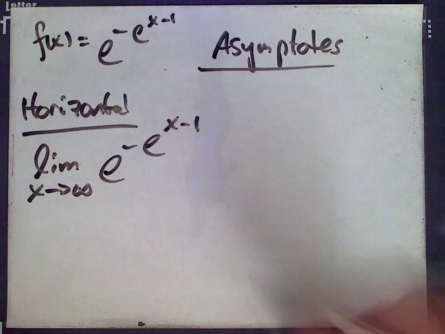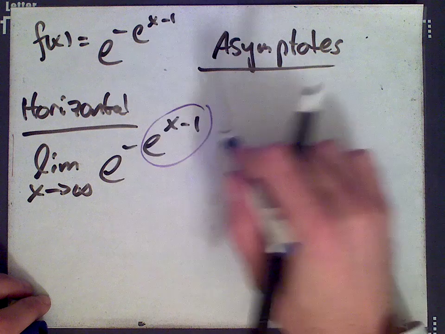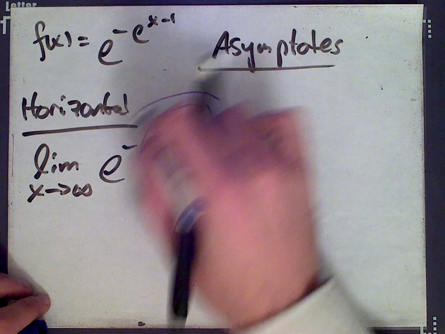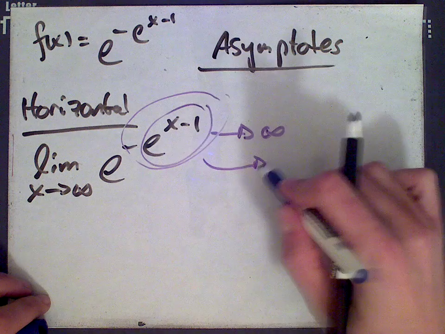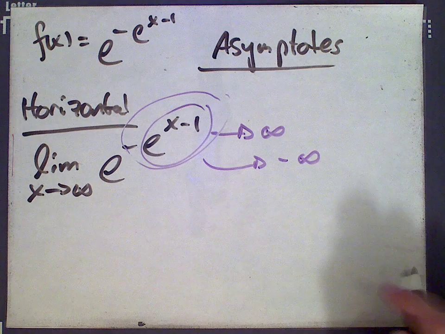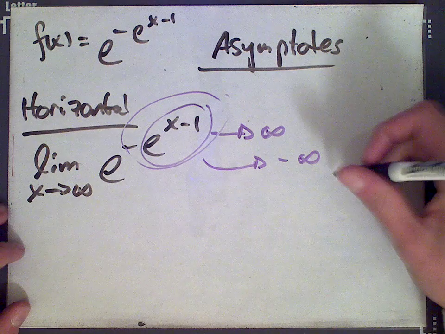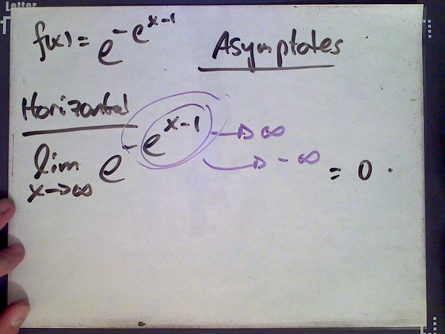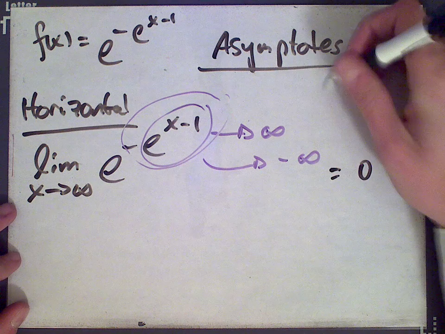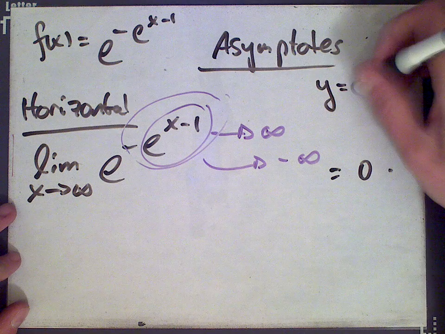And so e to the power of x minus 1 is approaching infinity, which means negative e to the x minus 1 is approaching negative infinity. And e to the power of some function that's approaching negative infinity equals 0. Okay, so we get a horizontal asymptote at y equals 0.